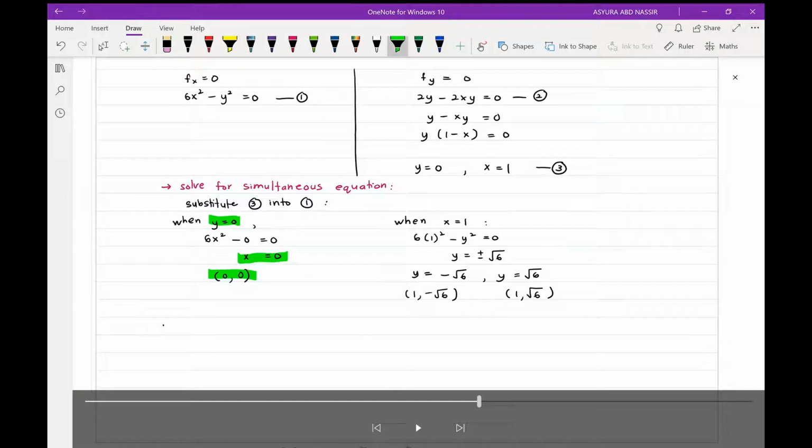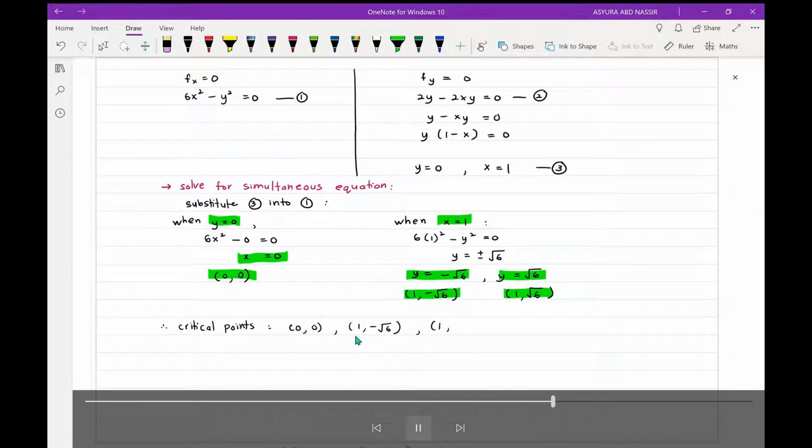The first one, when x equals to 1, y is negative square root 6, so this point is (1, negative square root 6). The second one, when x equals 1, y equals square root 6, so you have (1, square root 6). So now we can see we have 3 points. Your critical points will be (0, 0), (1, negative square root 6) and (1, square root 6).